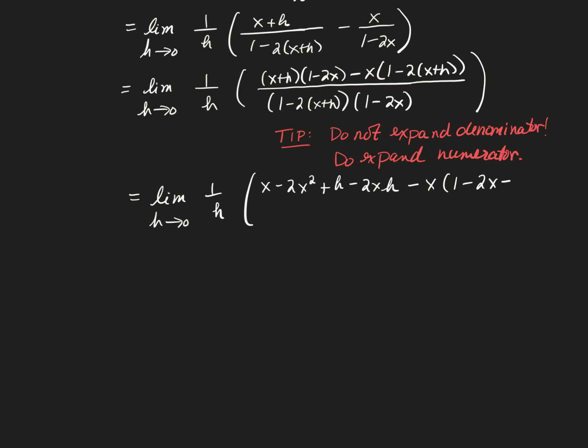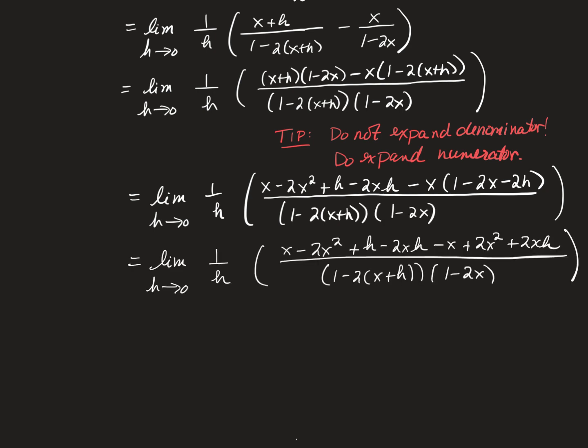And like I said, we're not doing anything with that denominator. It remains as follows. So I've gone ahead and simplified that numerator a little more. I distributed the x through that piece.